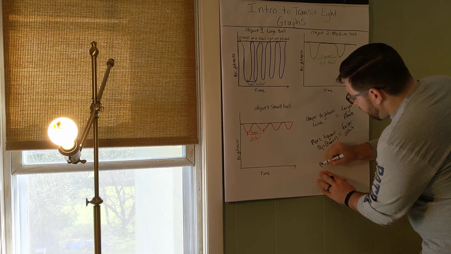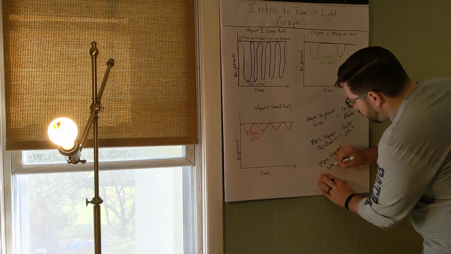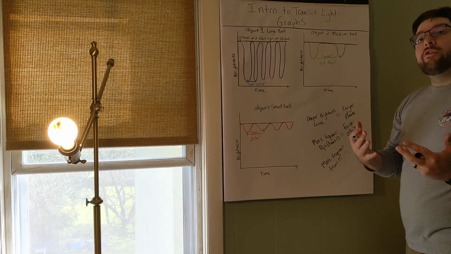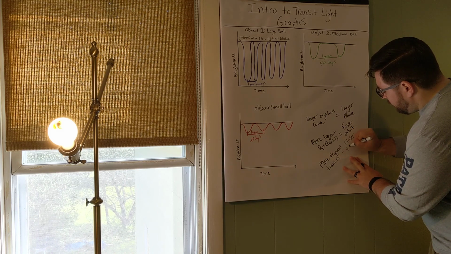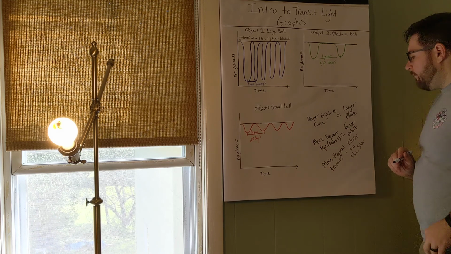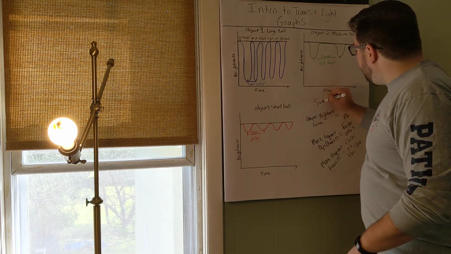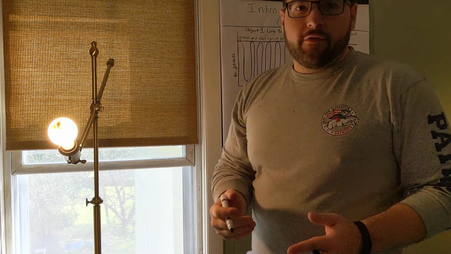And more frequent dips or more frequent transits means that you're closer to your star. Okay, so that's a quick little summary of transit light graphs.